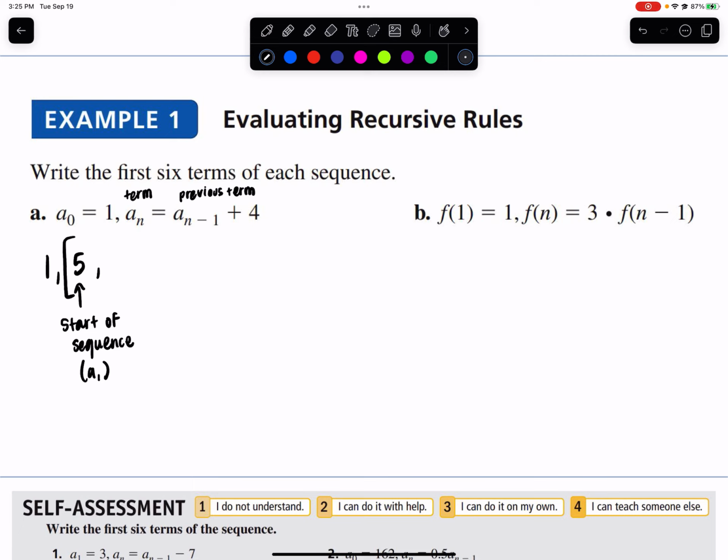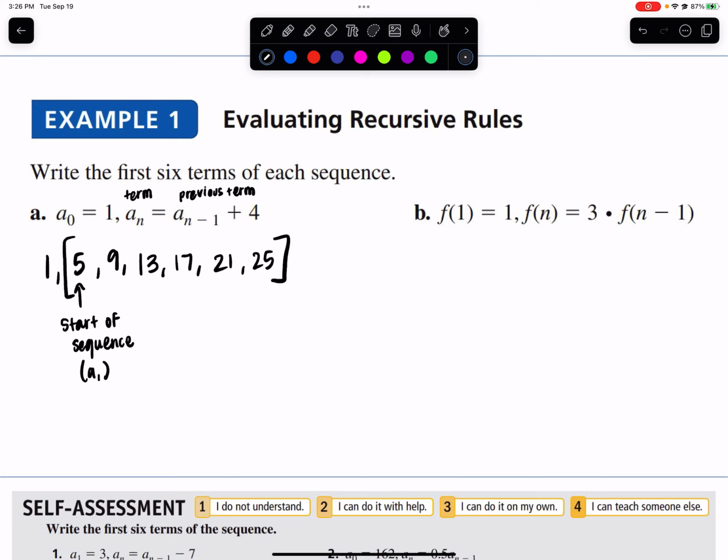So I need 6 more. So I'm adding 4 each time. I got 9, plus 4 is 13, plus 4 is 17, plus 4 is 21, plus 4 is 25. So that is my answer, the first 6 terms. Be careful with that a sub 0. That is not the start of your sequence.